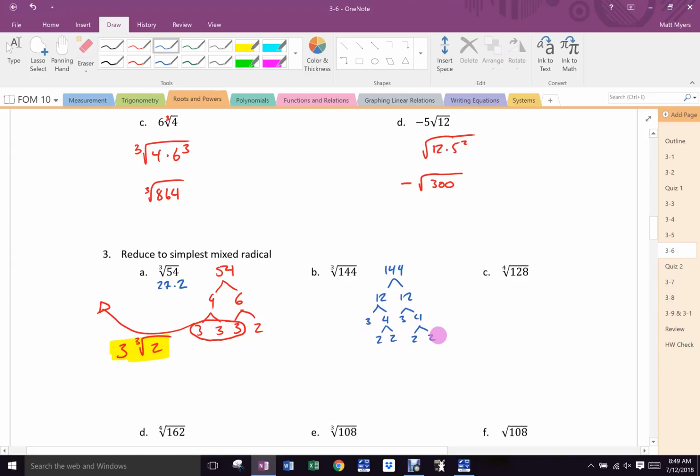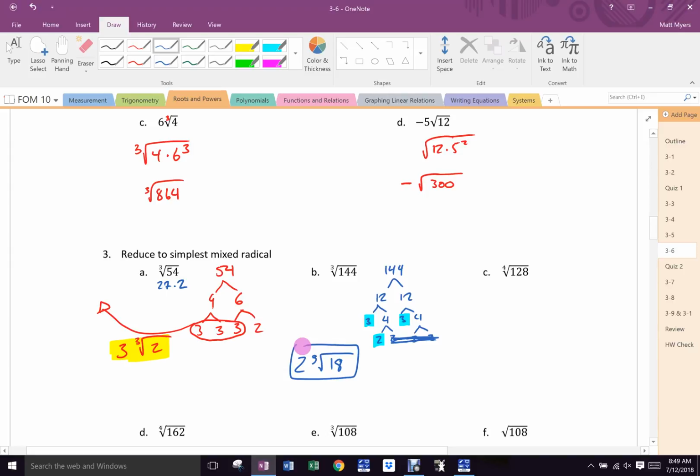Now is there a group of 3? Where is it? 3 2s are gone. So what comes out to the front? 2, and what stayed under there? A 3, a 2, and a 3. What's 3 times 2 times 3? 18. And it's done. Is everybody good?